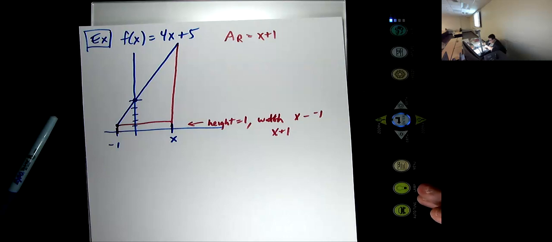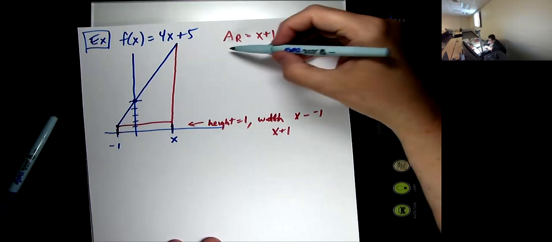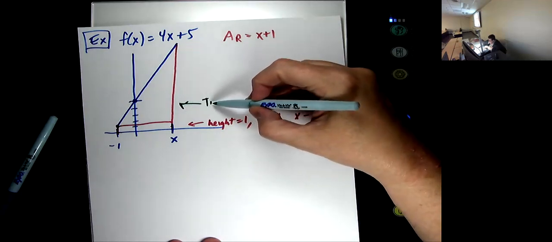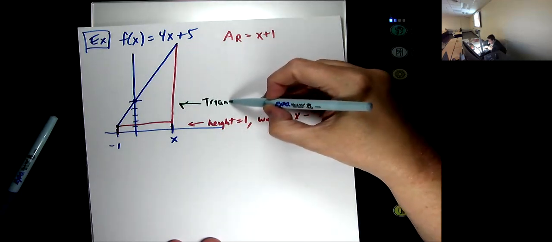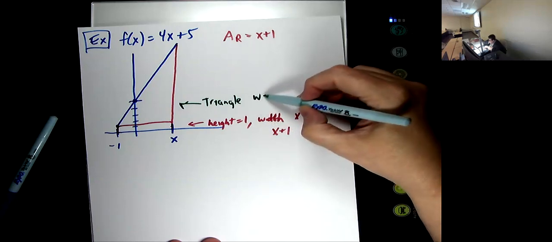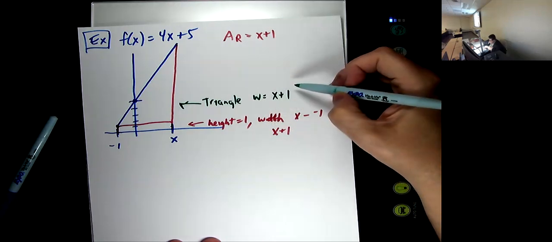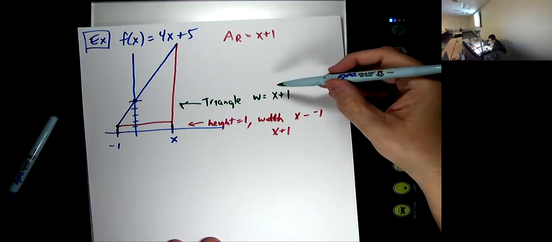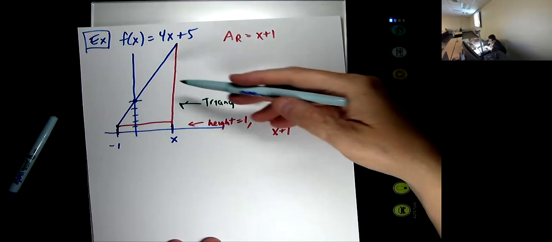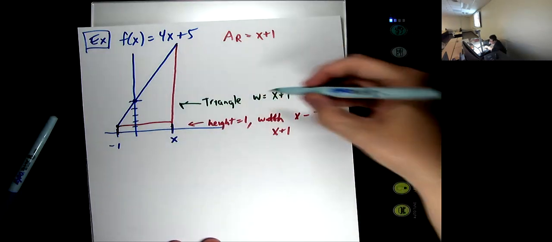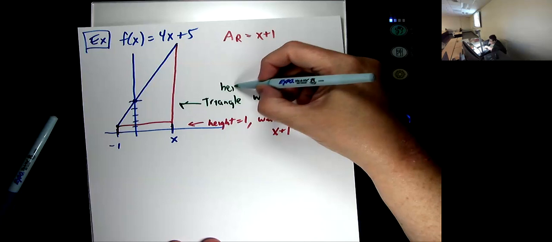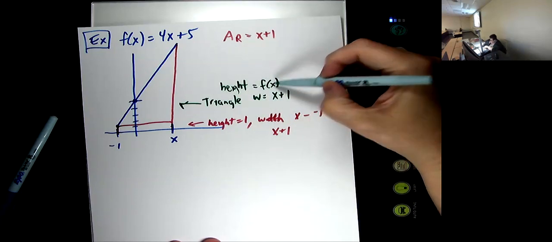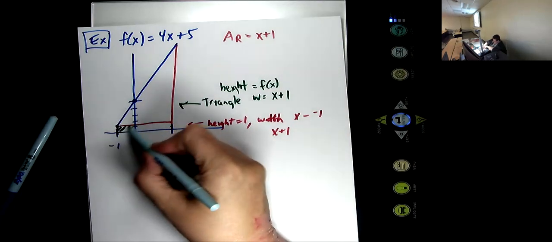So the triangle has the same width. W equals x plus 1, because it's just as wide. And the height of it, that function is f of x, but we're shaving off that piece right there.